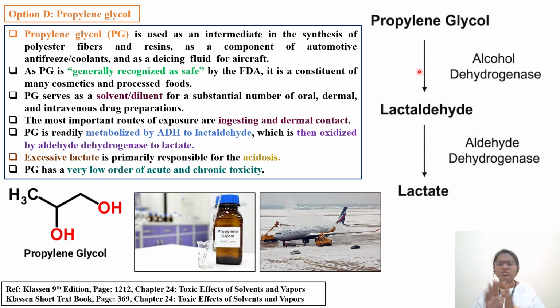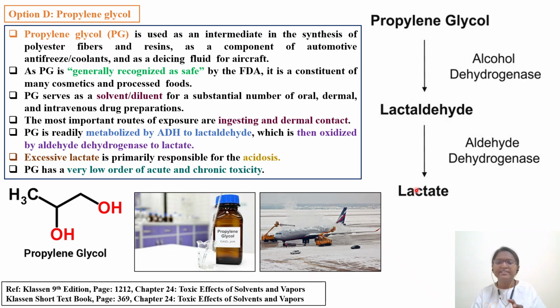Similarly, stop here, go back and revise yourself. We have discussed ethanol in my channel also. Ethanol also undergoes metabolism by the same alcohol dehydrogenase and aldehyde dehydrogenase. Similarly, we read about methanol and also isopropyl alcohol, that is rubbing alcohol. What is the metabolism? What are the toxic metabolites formed after metabolism?